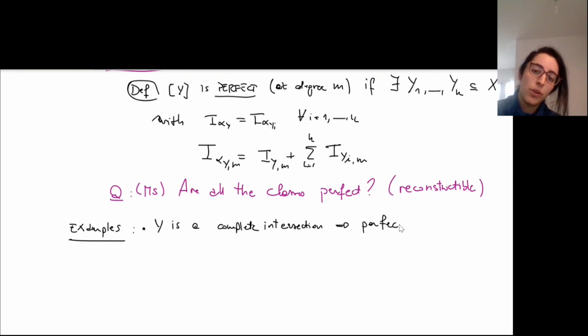So there are examples for every degree of the polynomials, and also for every degree of the subvariety, that are always perfect. But unfortunately, it is not true in general, and we have counterexamples.